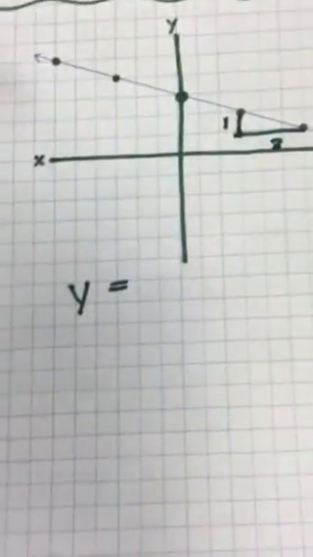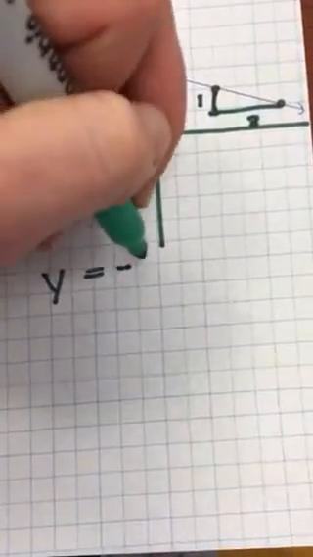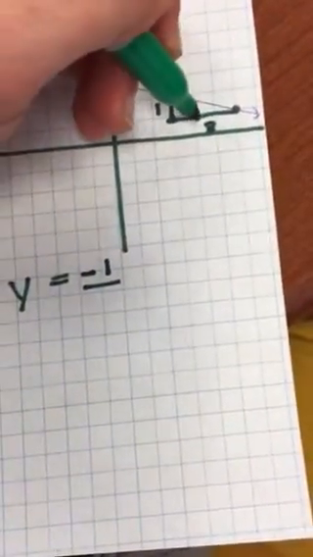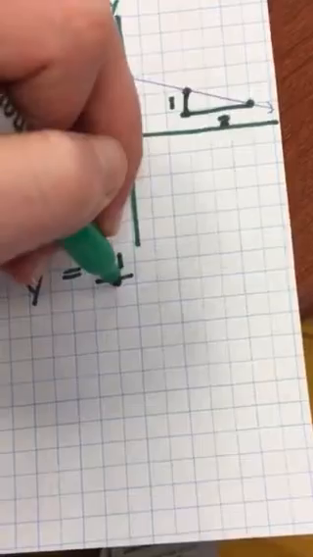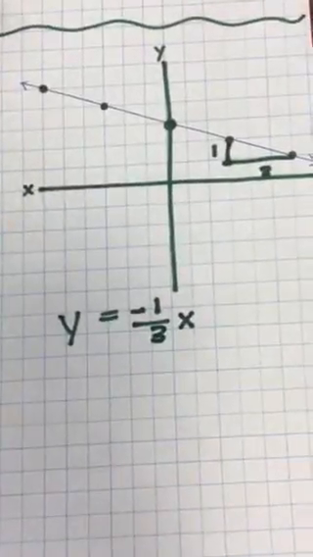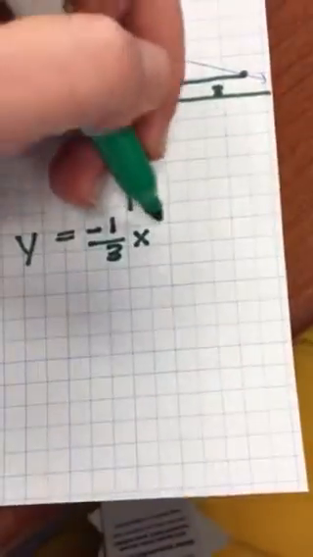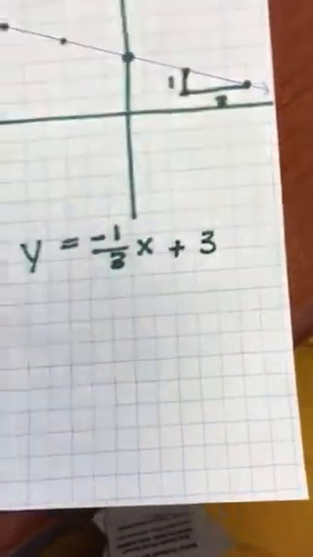So there's our slope. Since I went down 1, I'm going to make that a -1, and since I went to the right 3, that's positive. So there's the slope. Now all we need is the y-intercept, and I can see it right there. That's at +3.